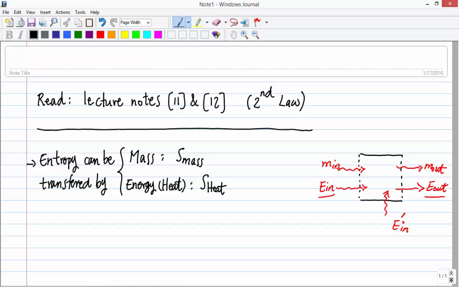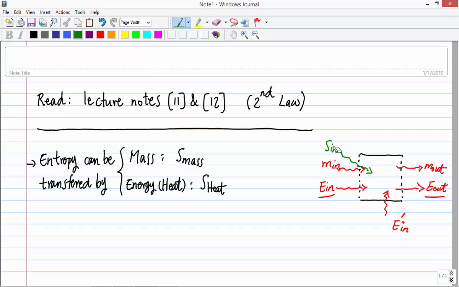So how can I change the entropy of my system? I can add mass, or I can withdraw mass. Then the entropy would change. Or I can add heat. I can warm it up or cool it down. Then the entropy changes, right? Therefore, let's draw that with green. S can be added through these boundaries. S in, this is mass.